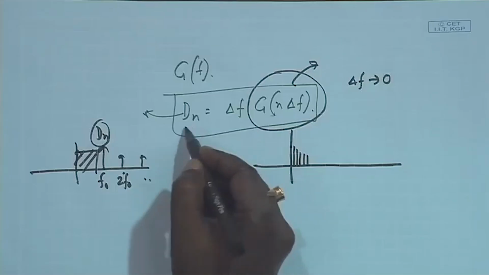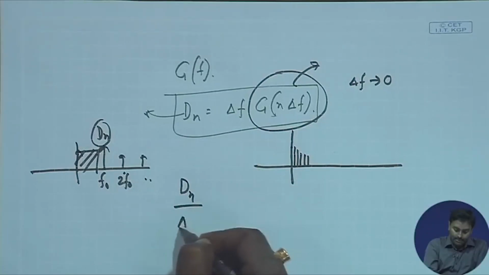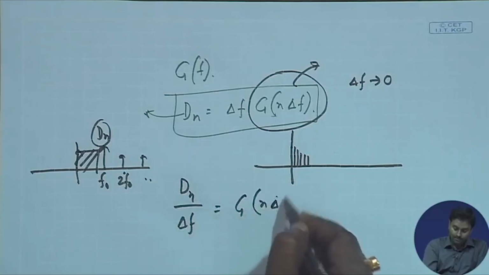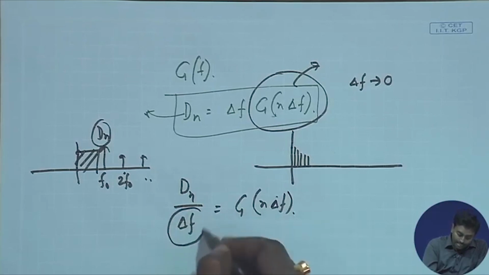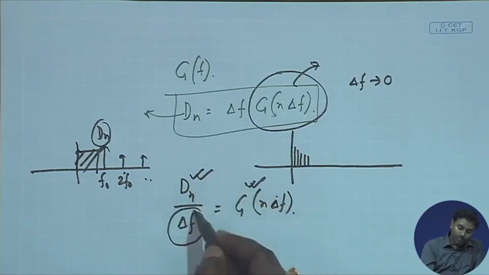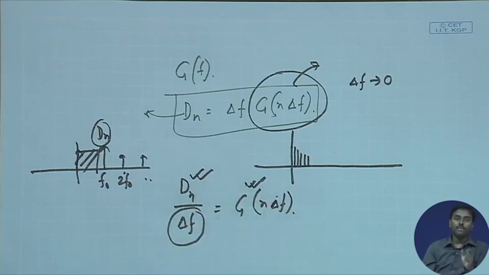If I divide d_n by del f, then I get this g value. So this g is nothing but the spectrum component per unit frequency.